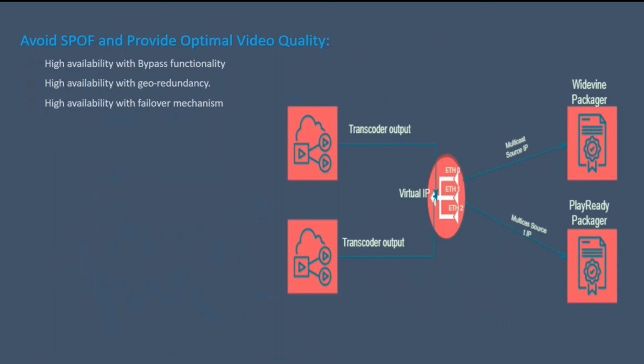Now see the other redundancy and failover mechanisms implemented for the content delivery system. We implemented the interface redundancy between linear TV transcoders and the packagers. Meaning transcoders are configured to use a virtual IP address on the output so that the linear packager uses a single multicast source IP address. Hence no changes are required for the configuration of the linear packagers.